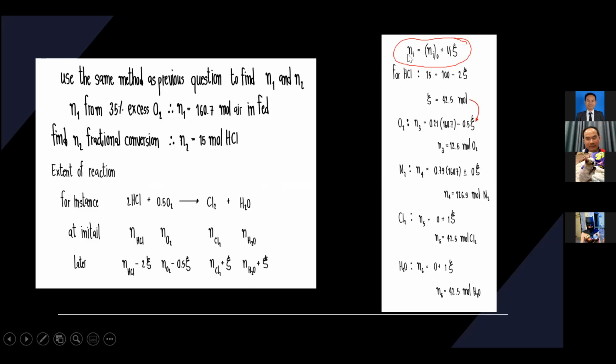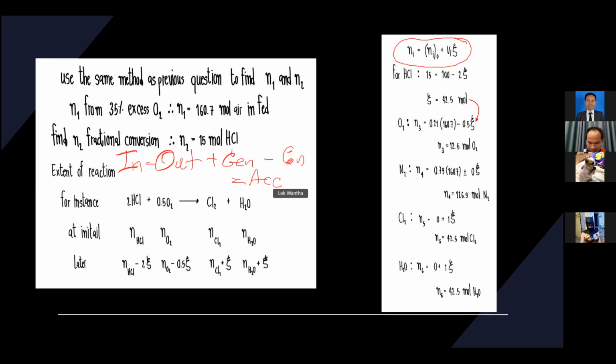Ni is equal to the mole that we want to find out. If I write the general mass balance: in minus out, plus generation minus consumption, equals accumulation. Could you describe the relationship between these two equations?